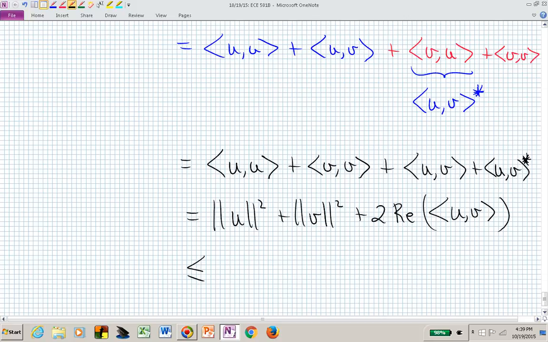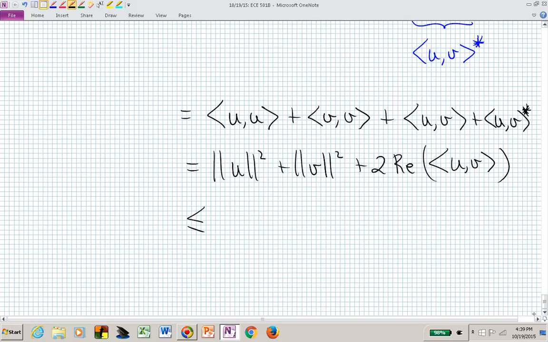But now let me just use this concept of a complex number. And first let me write down the first two terms. I still have u's norm squared and v's norm squared. But what do I know about the real component of a complex number relative to its length, the complex number magnitude? And I've already shown it to you because I've already included the less than or equal to.